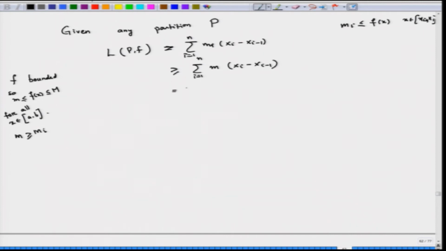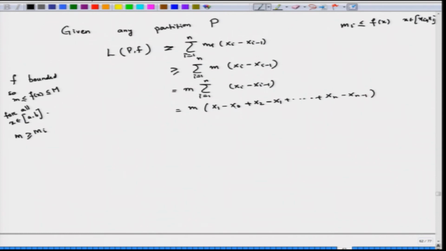So, this is equal to M times the summation over i from 1 to n of x_i minus x_{i-1}. If we start with i equal to 1, this is x_1 minus x_0, plus x_2 minus x_1, and this goes up to x_n minus x_{n-1}.